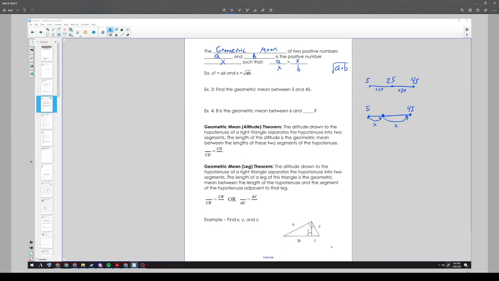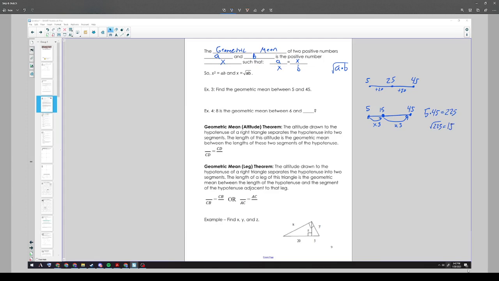So doing this geometric mean accomplishes that, but I think that with this one we can see that we would multiply times 3 to get to 15, and then times 3 to get to 45. So that turns out to be the exact same as if we do 5 times 45, we would get 225, and the square root of 225 is 15.